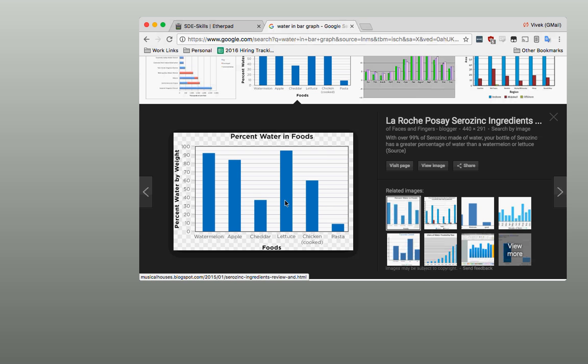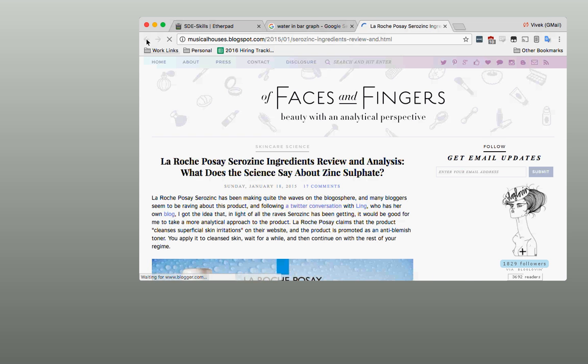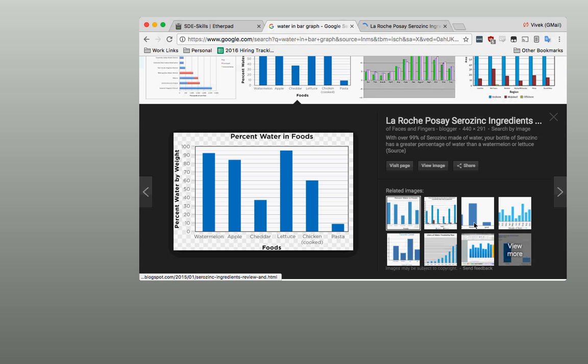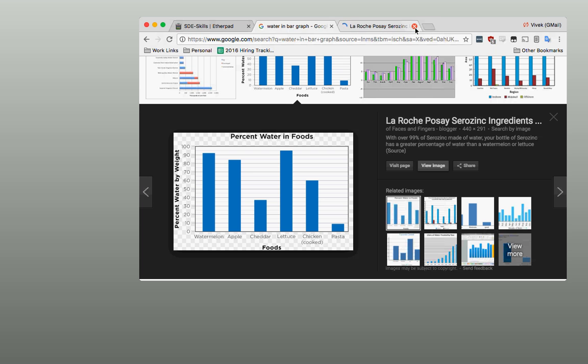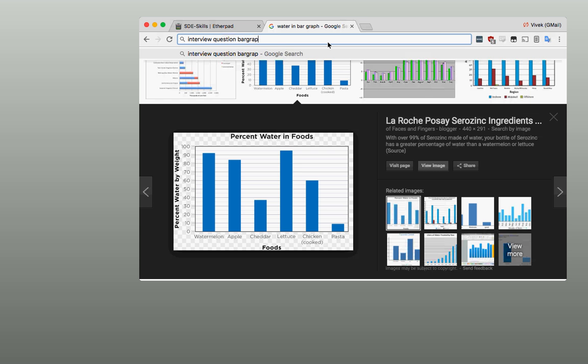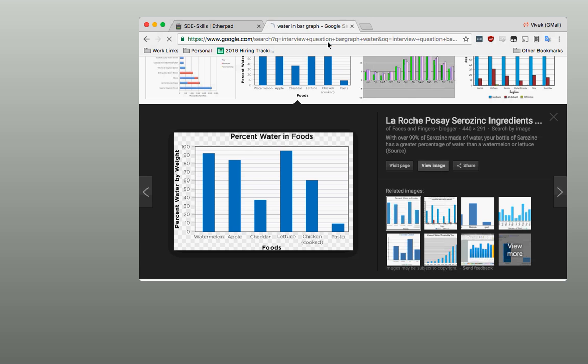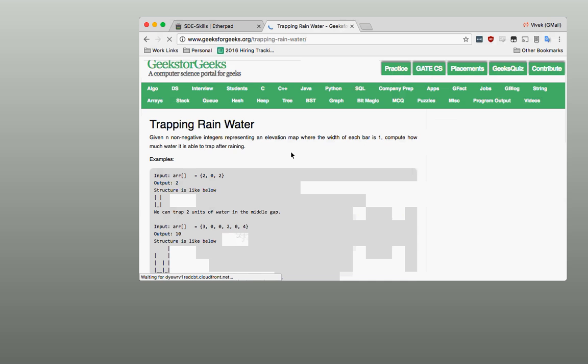So if you look at this image, this is not a good image. I need this to be trapping rainwater. There you go.